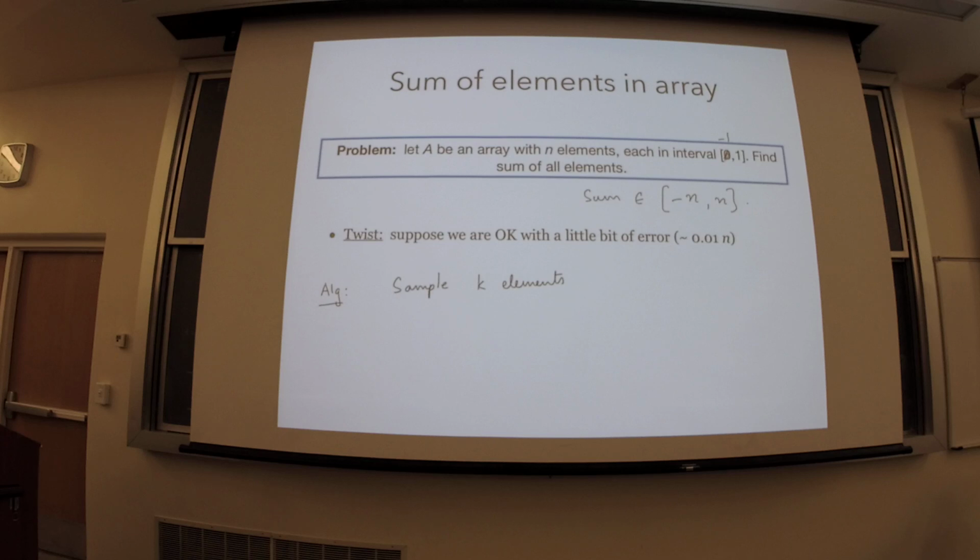Now when you say sample, the question becomes with replacement or without replacement. It turns out there is a difference here. If you want to sample without replacement, then the analysis becomes a bit more messy. So sample the elements with replacement.